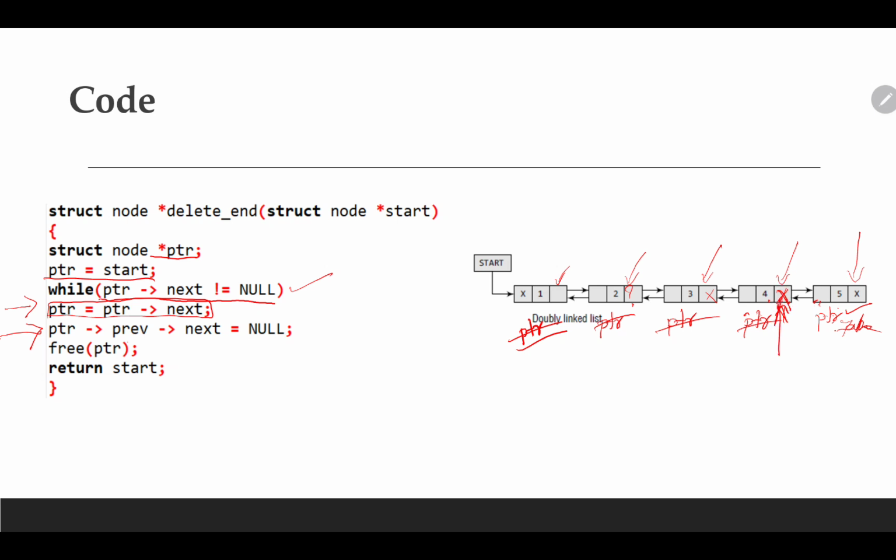Then by using the free function, we are removing this PTR node from the linked list. So here it is simple: we have to find the last node and remove it. And before removing that node, the last node's previous node's next part, we have to change it to null.